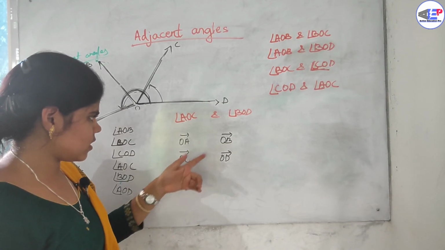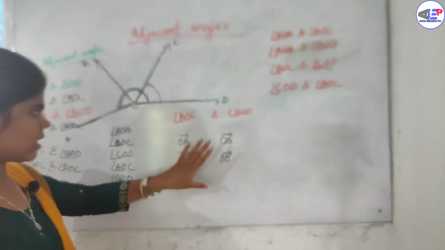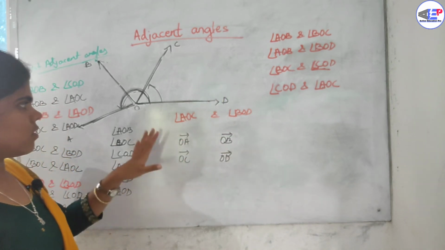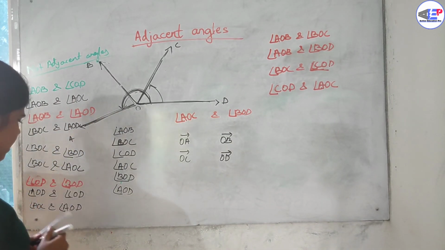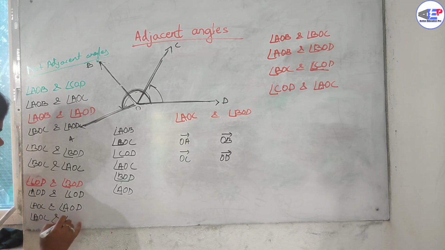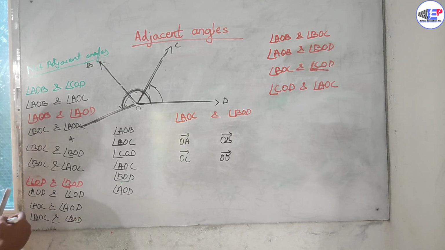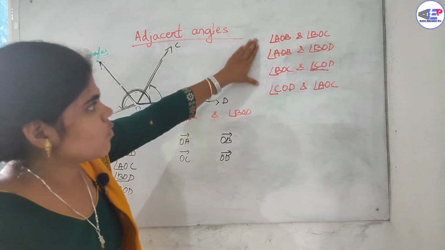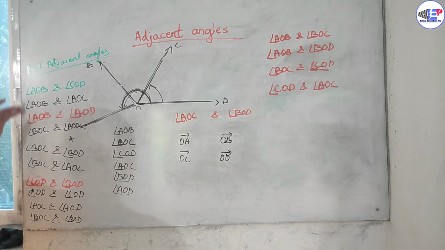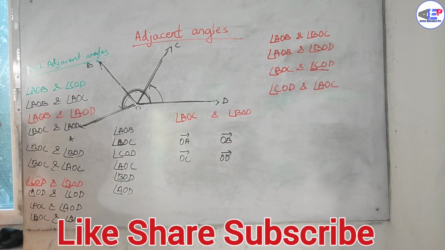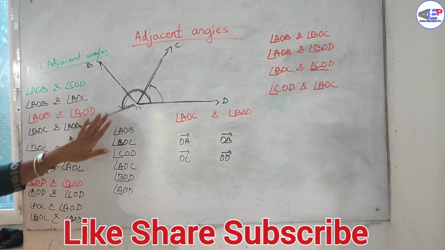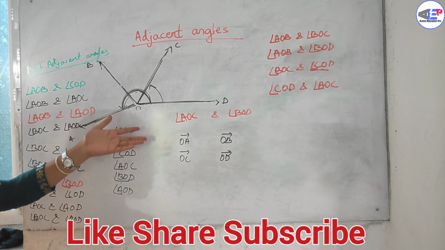OA, OB, OC, OD are all different arms used to make these two angles. So these are not satisfying the conditions to be a pair of adjacent angles. So right here, this is AOC with BOD. From this given figure, these four pairs are pairs of adjacent angles, and these other pairs are not adjacent angles. So this is an example to find out whether angles are adjacent or not.